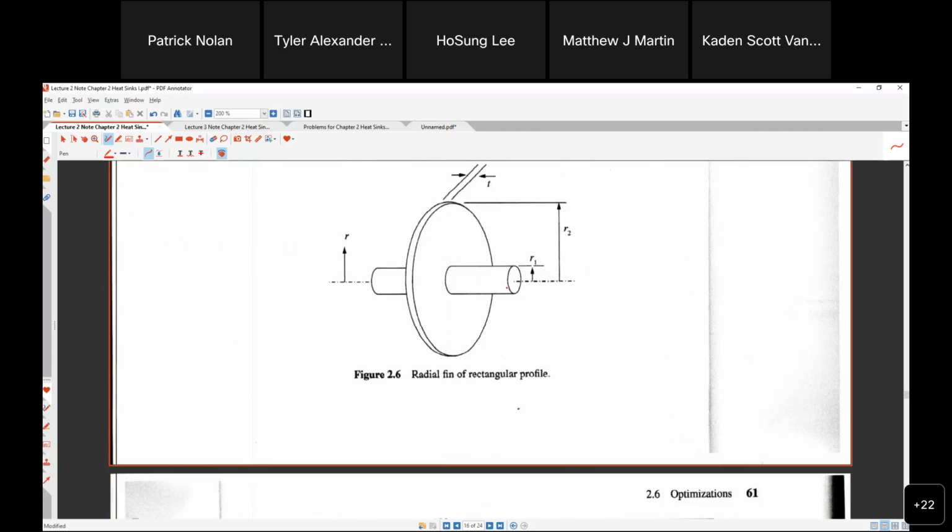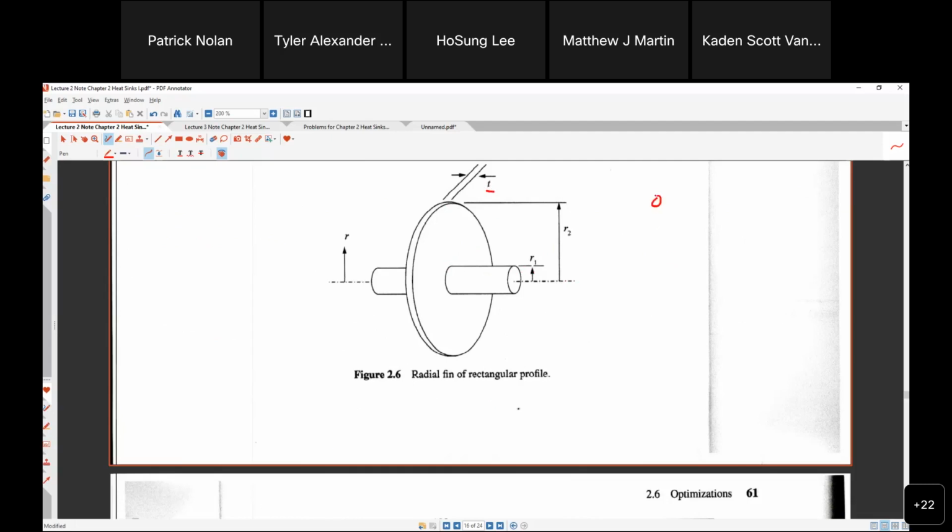Inner pipe and the fin, radial fin. So radius R1 is a pipe, R2 is a tip of the fin. And then thickness T. What would be the optimum dimension?